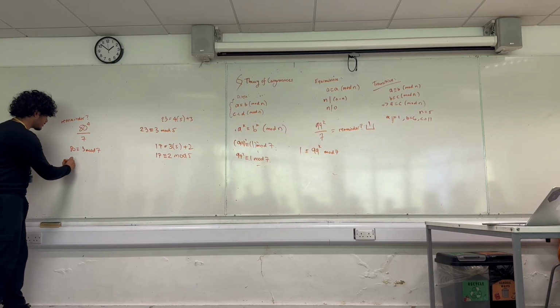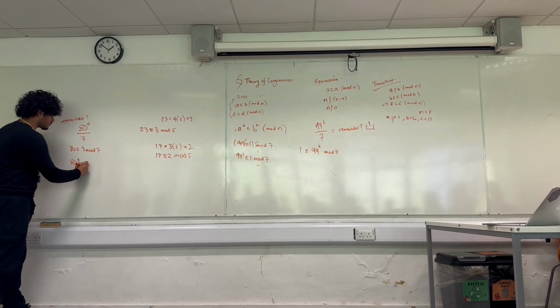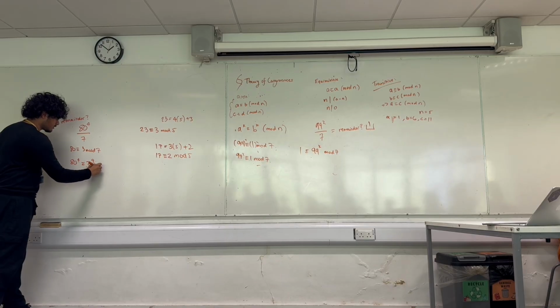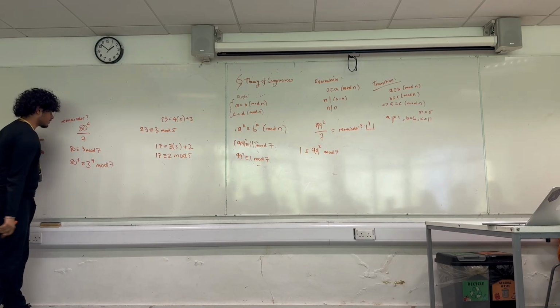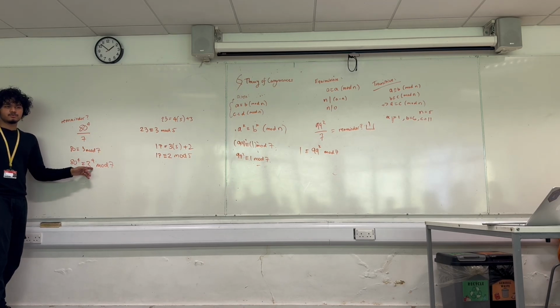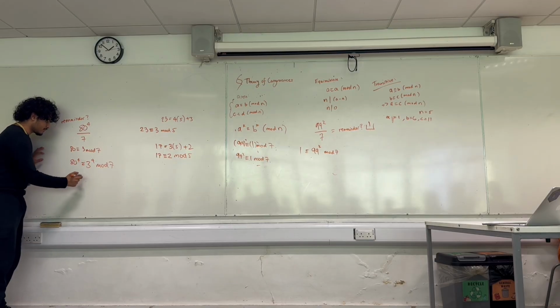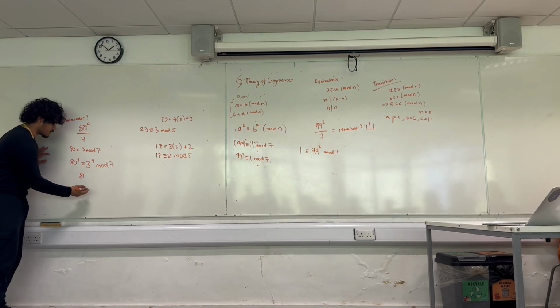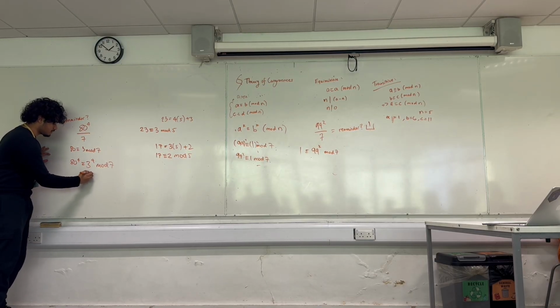So I have that 80 to the power of 4 is congruent to 3 to the power of 4 mod 7. This is not entirely obvious to me, but I can easily compute 3 to the 4. It's a lot easier than computing 80 to the power of 4, I'll tell you that much. 3 to the power of 4 is 81. 81 is congruent to 4 mod 7.